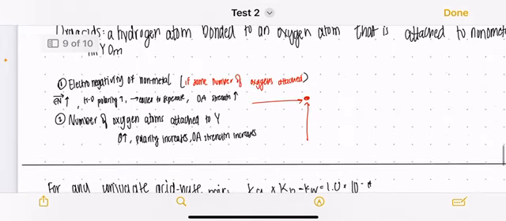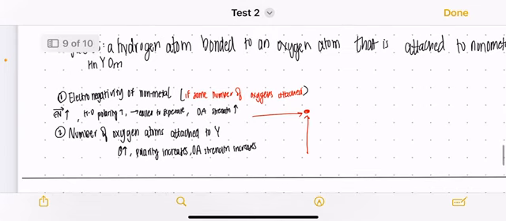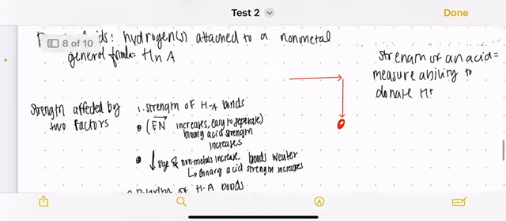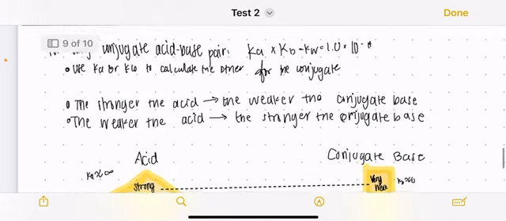As the number of oxygen atoms attached to Y increases, the polarity increases and the acid strength increases. Therefore, as we approach the top right corner, the acid strength increases. Here we can see that as we approach the bottom right corner, the acid strength increases.